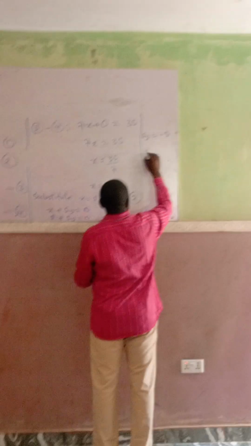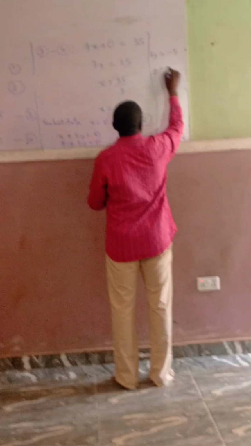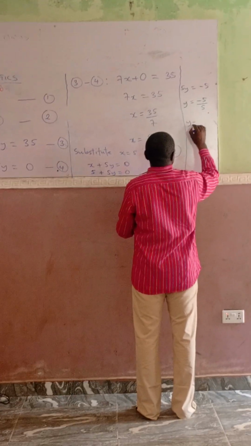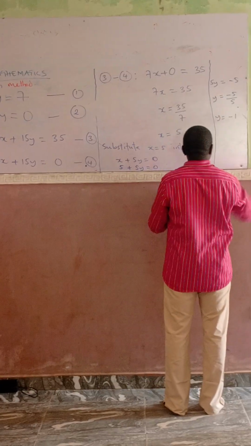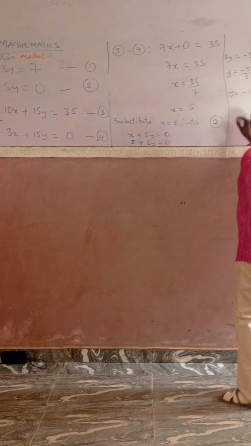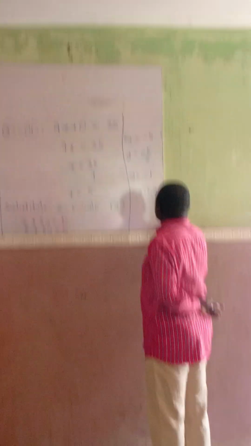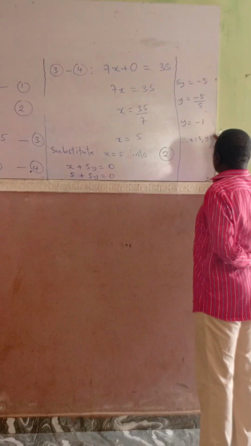Divide both sides by 5, we have minus 5 divided by 5, so y equals minus 1. Therefore, our x is equal to 5 and our y is equal to minus 1.